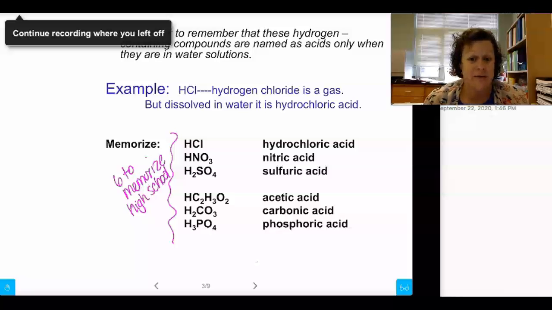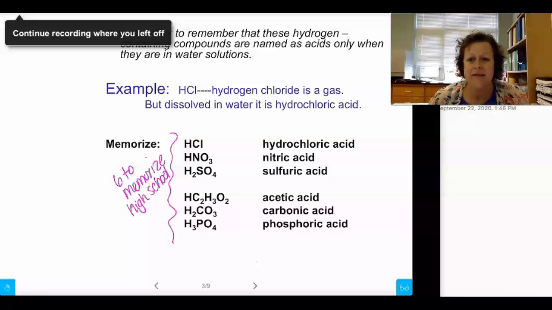It's in pickles. What about carbonic and phosphoric acid? Do you think you drink those? If you said yes, you're correct. Those are in our soft drinks. We probably drink those on a daily basis. So acids are in our daily lives.